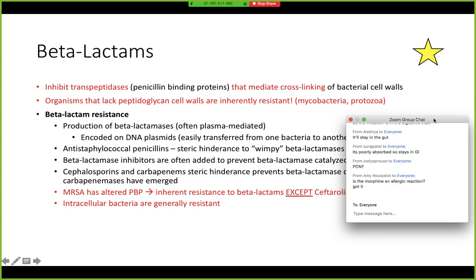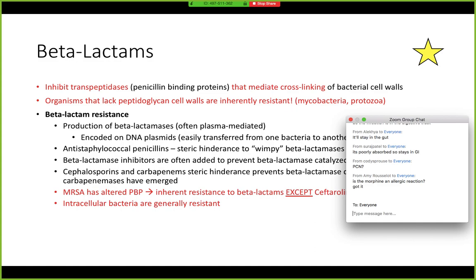So beta-lactams. Hold on, let me catch up with my notes here. Okay, so beta-lactams are going to inhibit transpeptidases. Another word for transpeptidases is penicillin binding proteins that mediate cross-linking of bacterial cell walls.